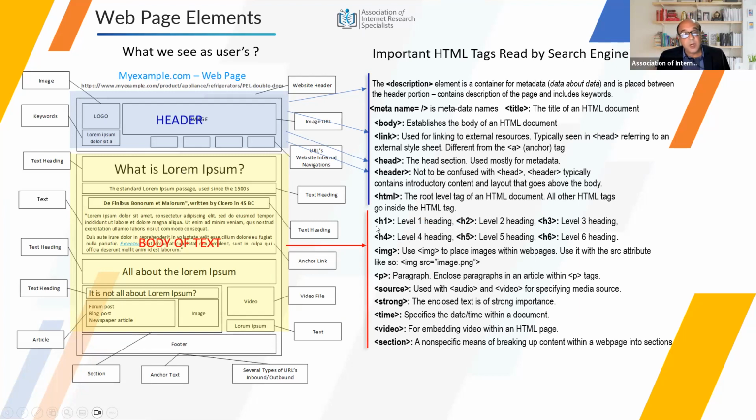H2 is the subheading to the main heading H1, and H3 is a further subheading. These tags appear to the search as having relevance, because these are headings at different levels, from the main to the sub and the sub, with descending numbers, as you could see that H6 could be the smallest heading.